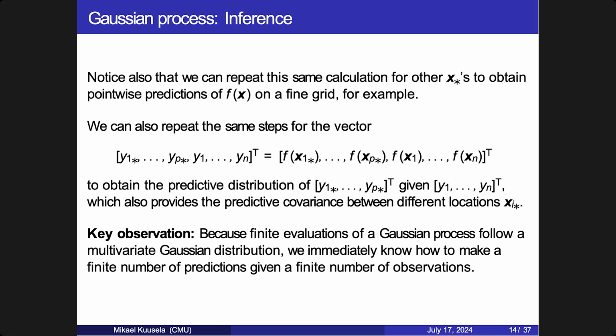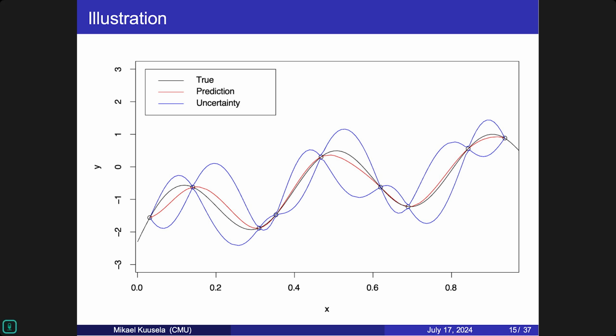And the key point again to emphasize is that the reason this is all tractable is the basic definition of a Gaussian process, that finite evaluations of a Gaussian process are from a multivariate Gaussian, and that's the only thing we're using. All of this just flows directly from the fact that your finite evaluations are multivariate Gaussians and you work with the multivariate Gaussian.